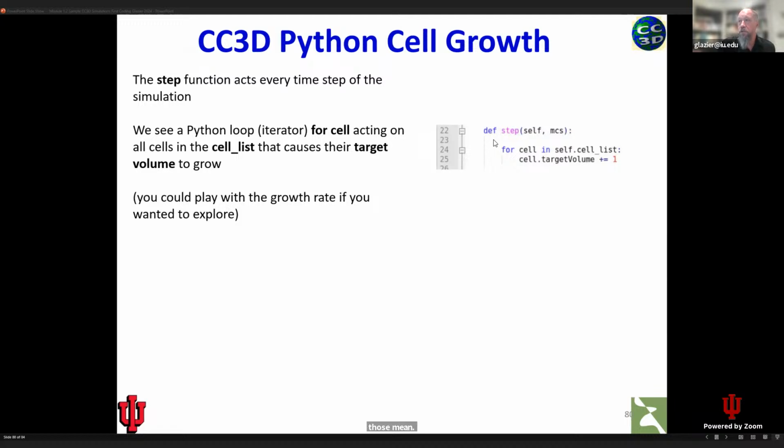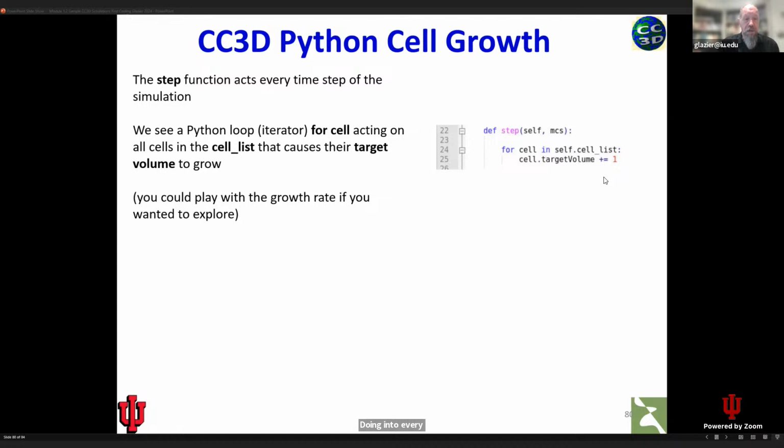You'll see something called a step function, and it has an argument self comma MCS that you don't have to worry about at the moment. In the step function, this is something that is done every time step. And you'll see again, for cell in self.cell list, doing it to every cell, self.target volume plus equals 1.